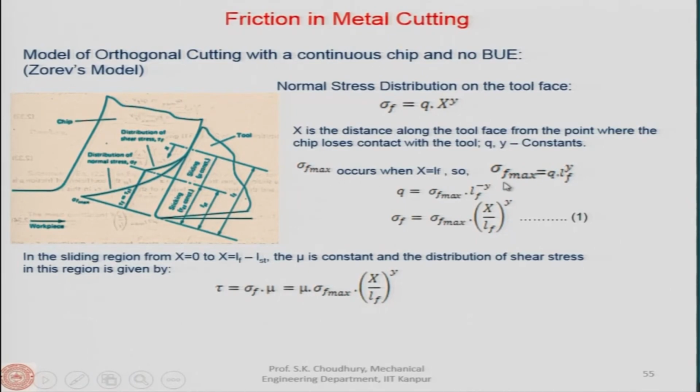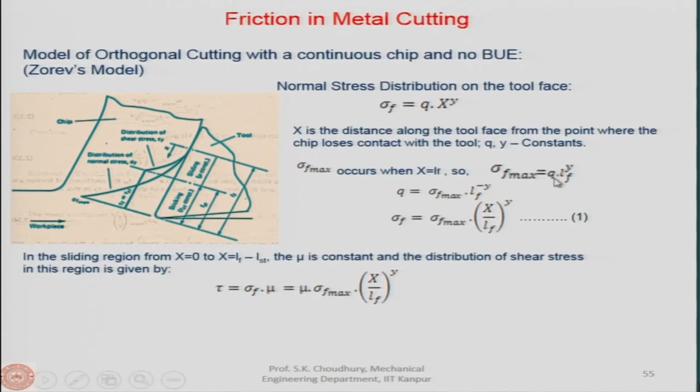Now, sigma_f maximum can be found from q and x equal to L_f, that is, q times L_f to the power y, according to this equation. In place of x, we are putting the value of L_f. So, this is the maximum, because here the maximum normal stress occurs.